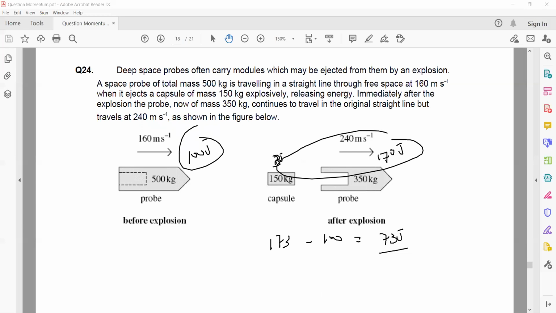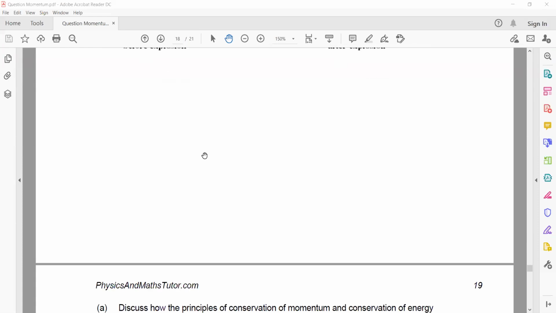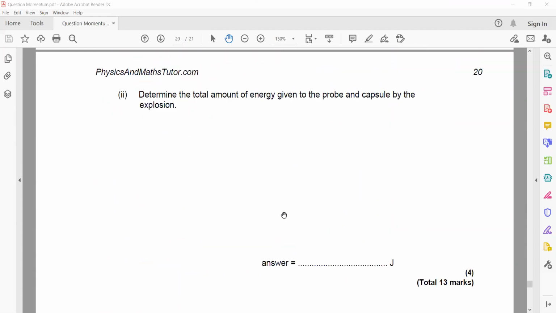So the same thing: you will find the kinetic energy before and after. The kinetic energy after is the sum of the kinetic energy of the capsule and probe, and initial is only for the whole object. Subtract the two energies to find how much energy is supplied due to the explosion. Is it clear?